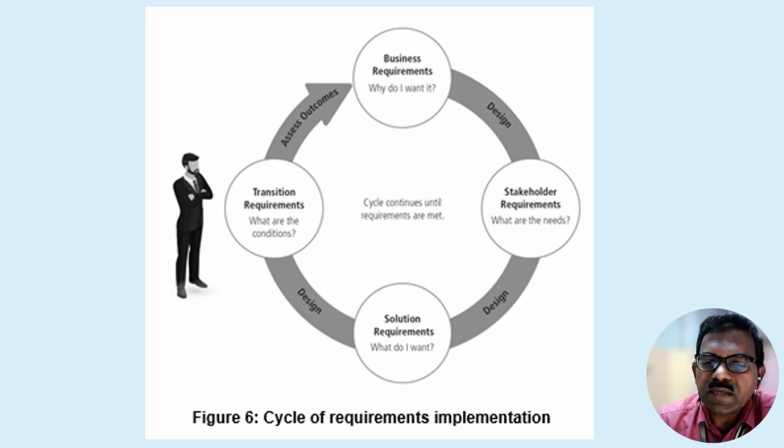For design, we have to discuss with the stakeholders, the business experts and domain experts, to understand their needs, and then design the solution. Once you understand the business logic and business requirement, you have to look at how we can implement that business logic in our software or IT parts, or even hardware requirements. Sometimes we require some specialized hardware to implement the requirements. Then it will go to the transition requirements.